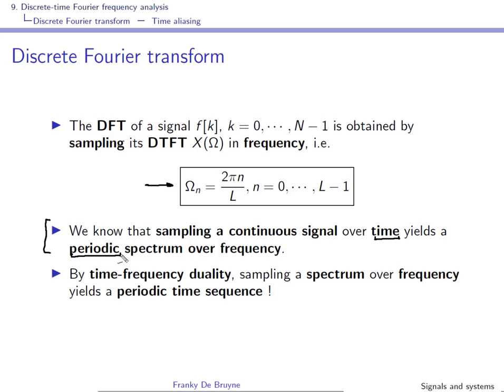And what you can show, we will not show this, is that by time frequency duality, sampling a spectrum over frequency, which is what we're doing when we go from the DTFT to the DFT, means that the equivalent time signal will become periodic.